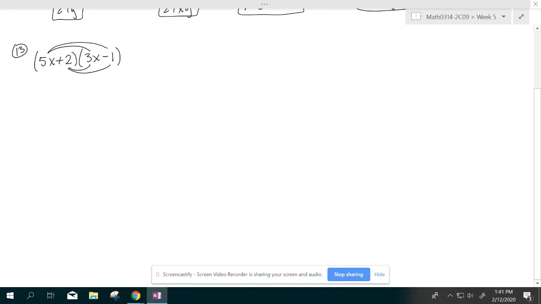So we're going to start with 5x times 3x. Remember my 2 steps? Multiply the coefficients, add the powers. Right, and does everybody see where the x squared comes from? X to the 1 times x to the 1, x to the 2. Next, the 5x now gets to go to the negative 1.